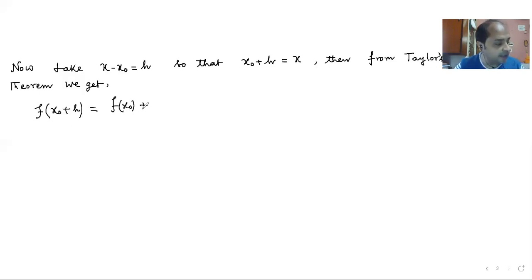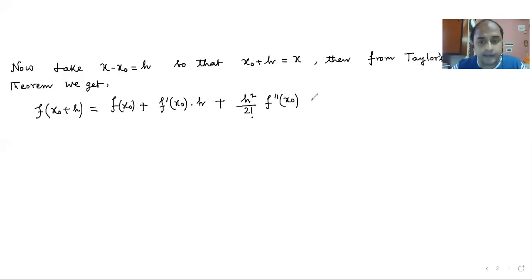Then f dash x naught, I'm not changing anything, but in place of x minus x naught I can write h, and then x minus x naught whole square becomes h square by 2 factorial f double dash x naught.